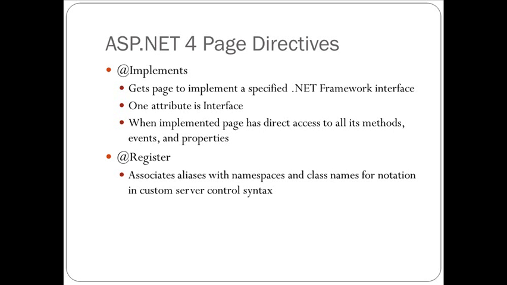You can see the use of the @register directive when you drag and drop a user control onto one of your ASPX pages. Dragging a user control onto the ASPX page causes Visual Studio 2012 to create a register directive at the top of the page. This registers your user control on a page so that the control can then be accessed by the ASPX page by the specific name.